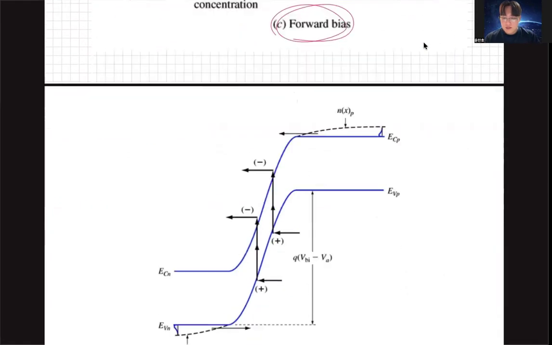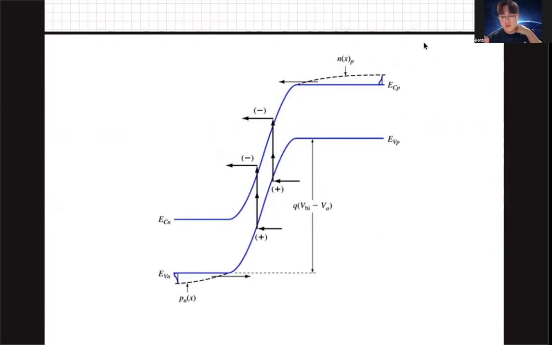And next, I'm going to tell you about generation and recombination. Generation and recombination are opposite processes, and they are simultaneous behavior.